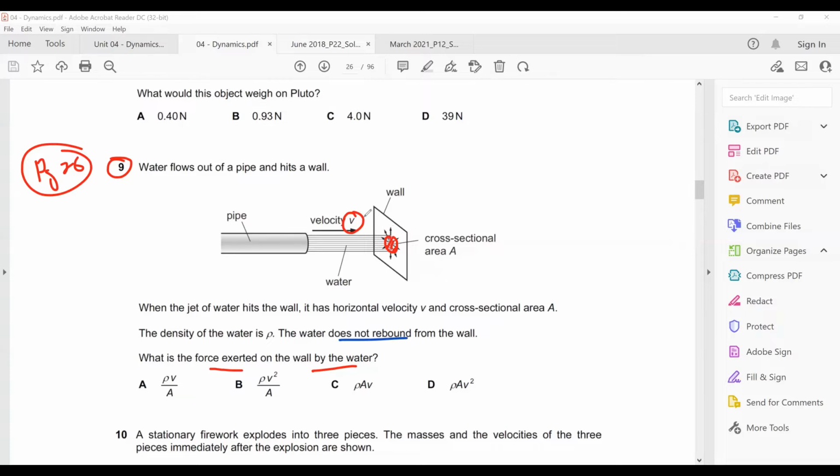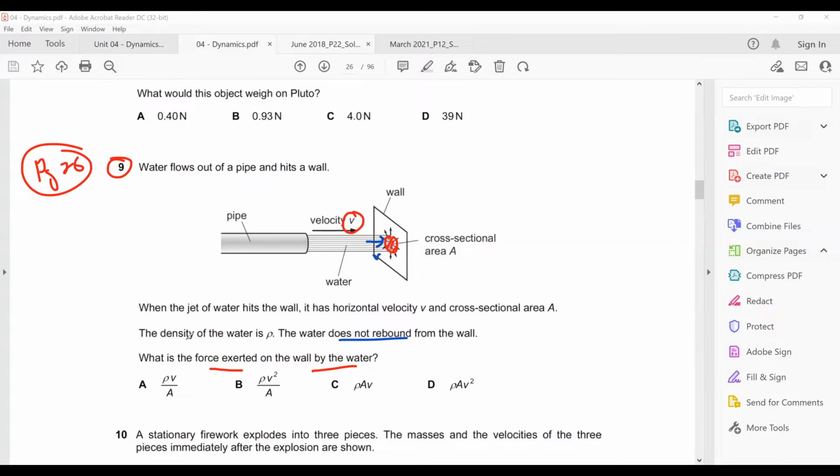So when your water comes from here and then it hits here, this one might have velocity of v, and then because it does not rebound from the wall, sorry. Basically what it just wants to say here is that it hits the wall with v. All right.